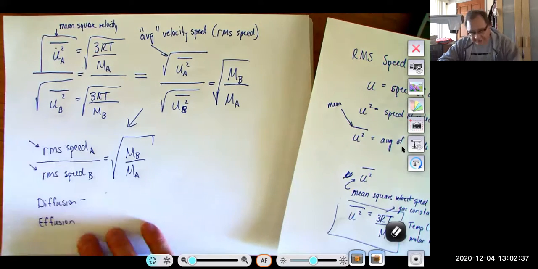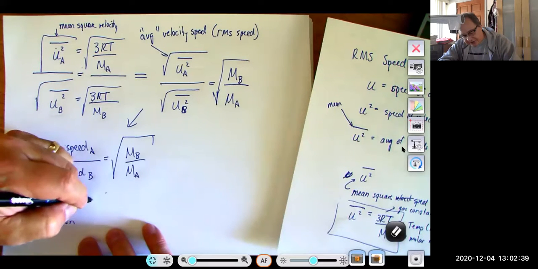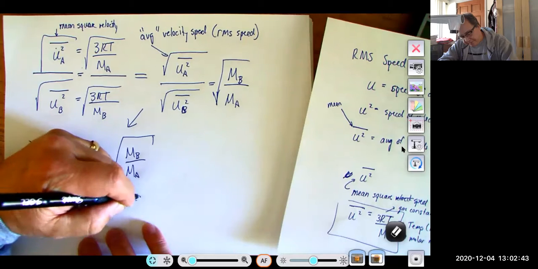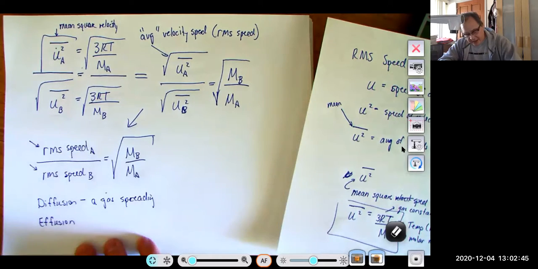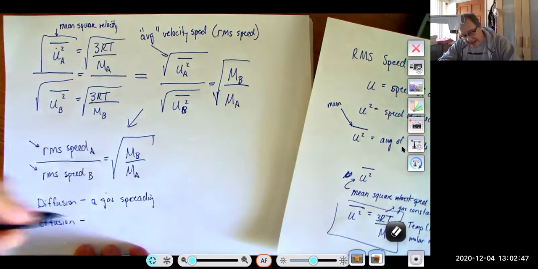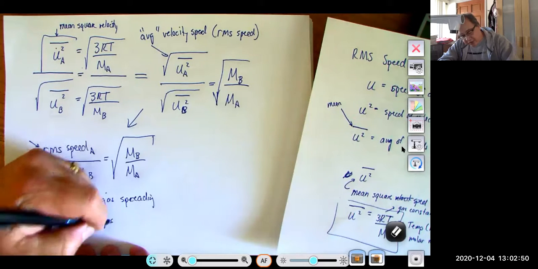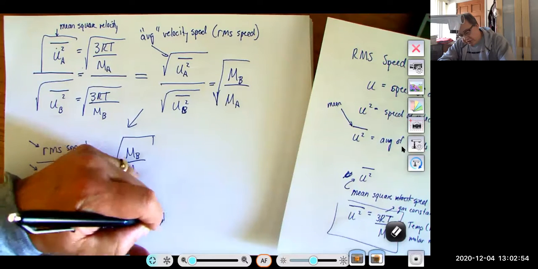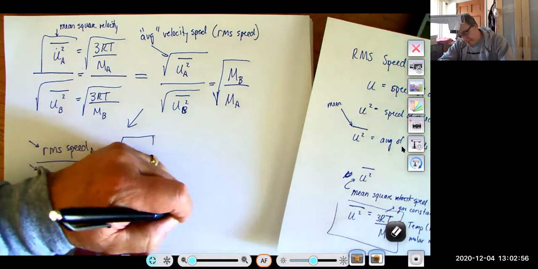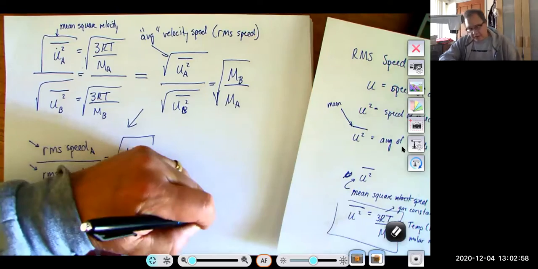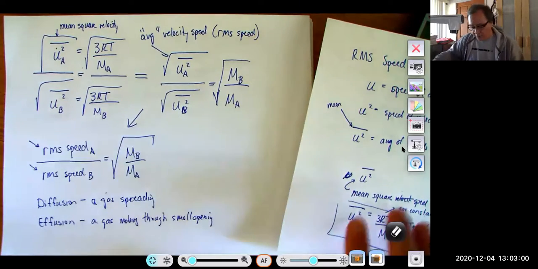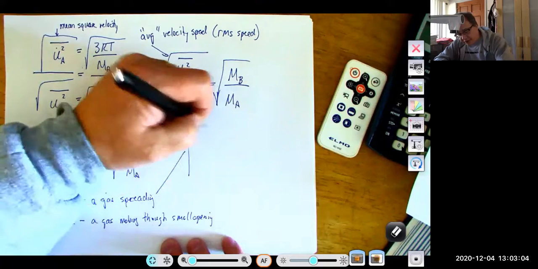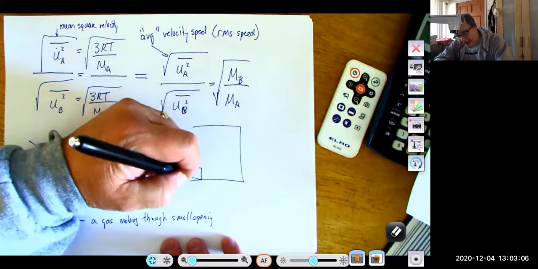Diffusion is how fast a gas is spreading. And effusion is a gas moving through a small opening. If you've watched my lectures, you have seen that for this, I basically drew something like this. Here's a gas.